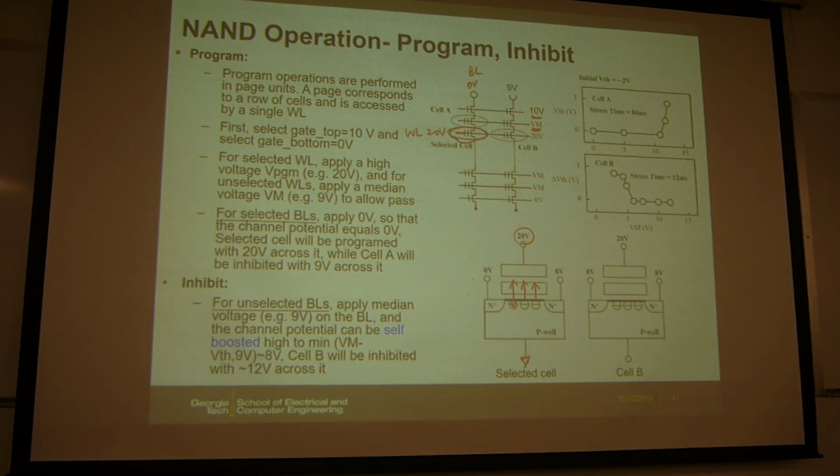And this Vm voltage choice is tricky. We will talk about how to choose this voltage later. But you need to turn it on, roughly the same as maybe 9 volts. So if you have 10 volts and 9 volts here, those two transistors are turned on, so this 0 volt can go to here, and then this selected cell can be programmed. And then we will talk about some very important concept in NAND flash, which is called inhibit.